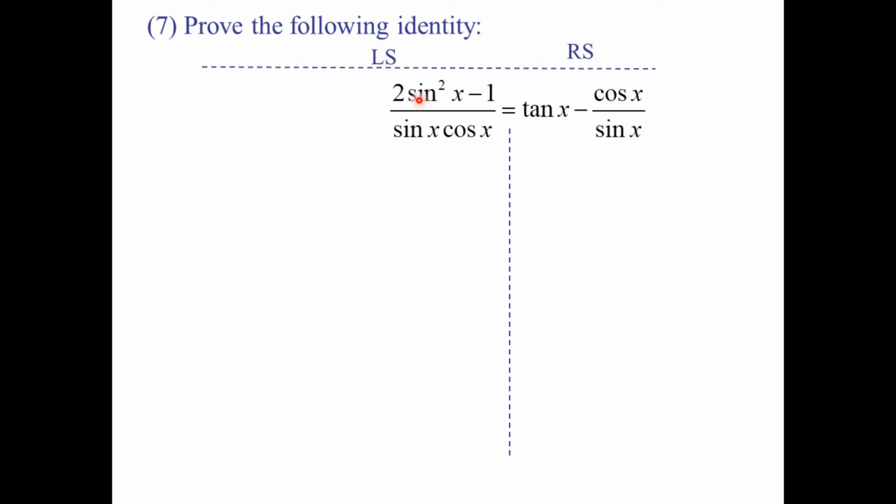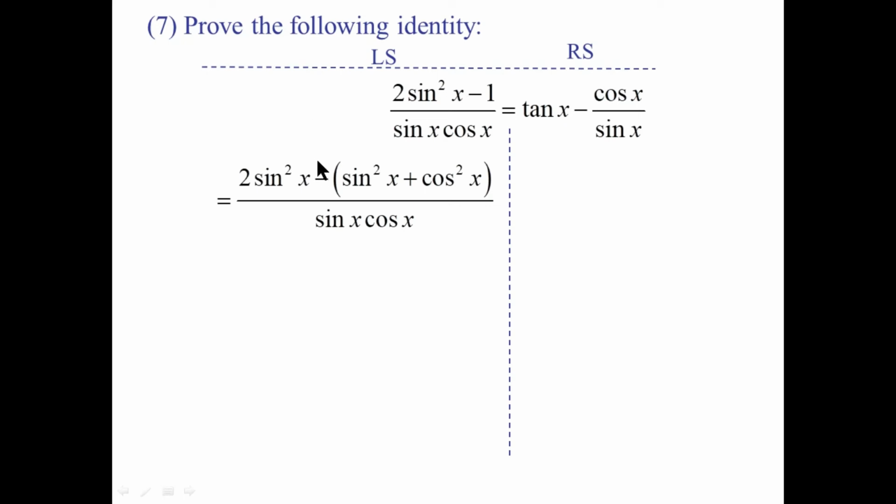In other words, sine squared plus cos squared is 1. So this 1, let's put brackets around this 1 and call it sine squared plus cos squared. Now let's distribute subtraction over these brackets, and we'll get 2 sine squared minus sine squared is 1 sine squared minus cos squared because of the distribution over the brackets.